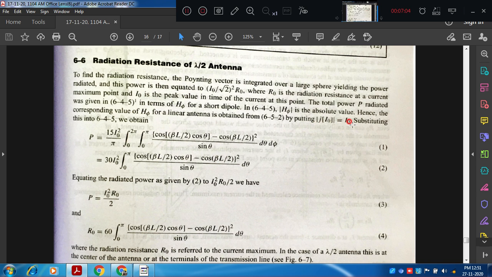So we can rewrite that equation as P is equal to 15 I naught square by pi times the integral 0 to 2 pi, 0 to pi, of [cos(beta L by 2 cos theta) minus cos(beta L by 2)] whole square divided by sin theta, d theta d phi. We need to integrate this; since there is one term involved in d phi with the integral 0 to 2 pi, that results in 2 pi. So only the terms with the theta angles are left out, right?